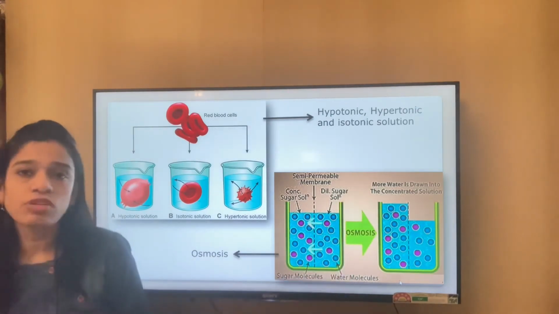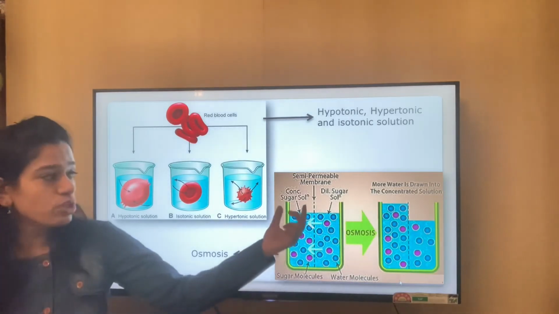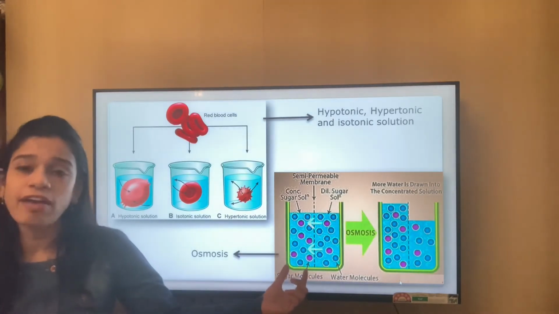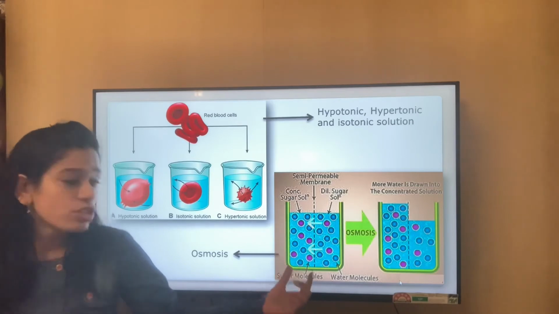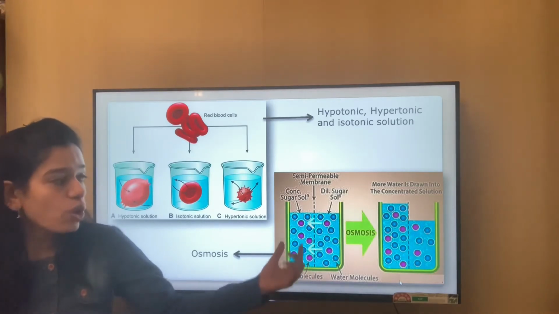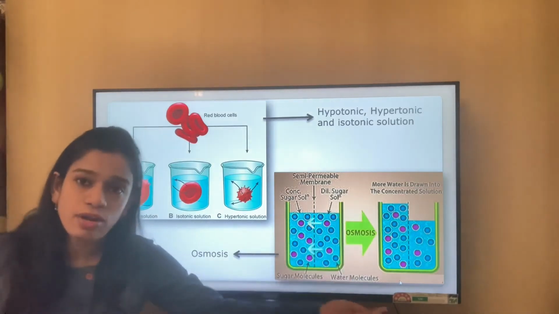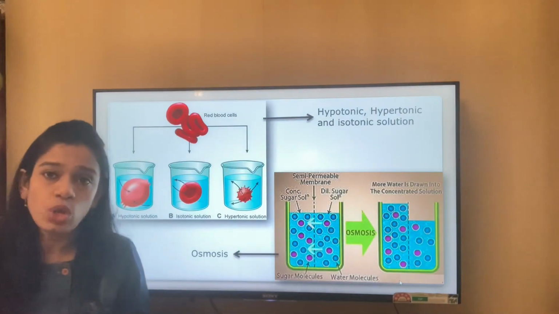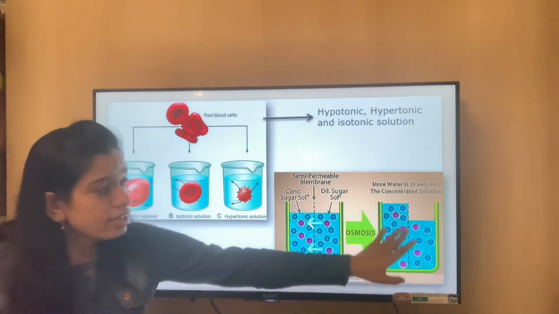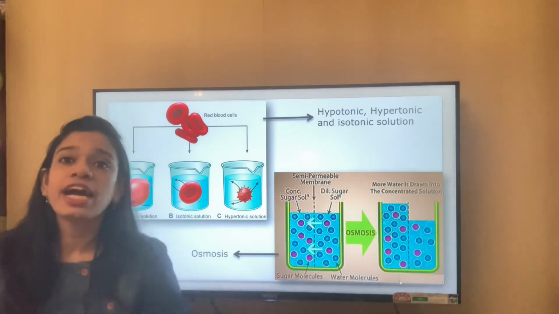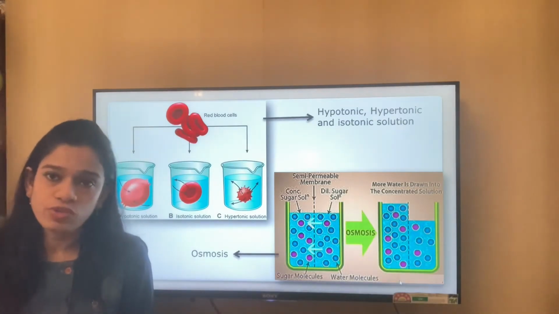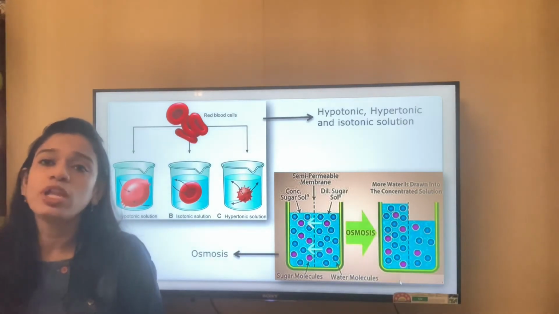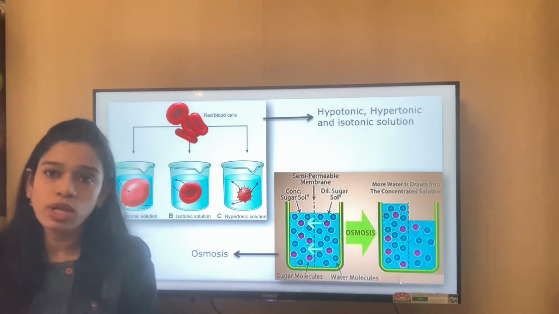Now during the process of osmosis, what happens? I told you this side is highly concentrated, having fewer solvent particles. So the water flows from the higher concentration to the lower concentration. This part was having a dilute concentration of sugar, that is, the sugar molecules were fewer, whereas the water molecules are more.